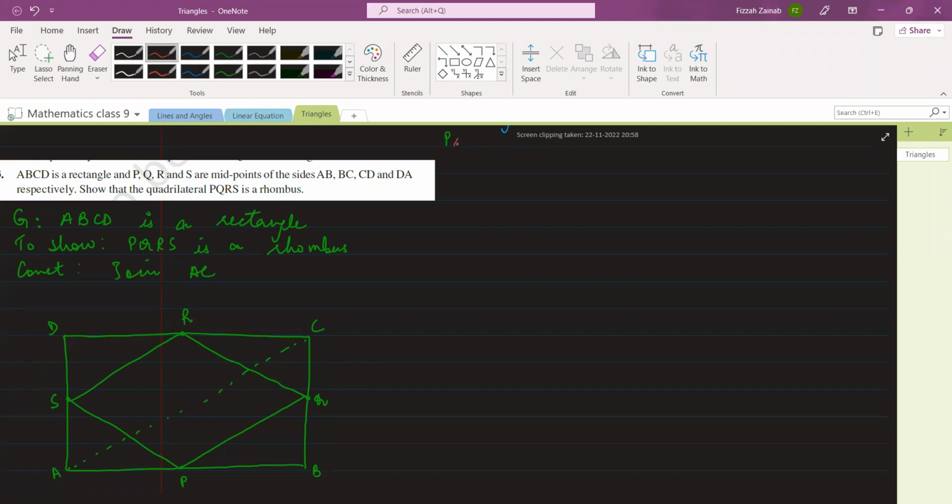Now let us prove. So again, you can first of all define what is a rhombus so that you remember exactly what you have to do. So a rhombus is a parallelogram with all sides equal, right?